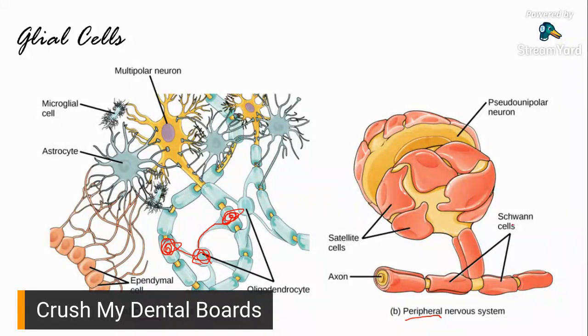Now, for your Schwann cells, you have one Schwann cell per portion of your axon. So this Schwann cell right here is dedicated to this portion of your axon. Now the Schwann cell is a cell, so it has a plasma membrane, right? The plasma membrane, you call it your neurolemma.